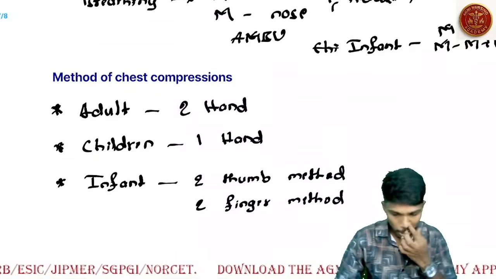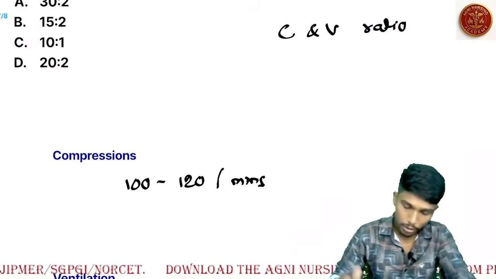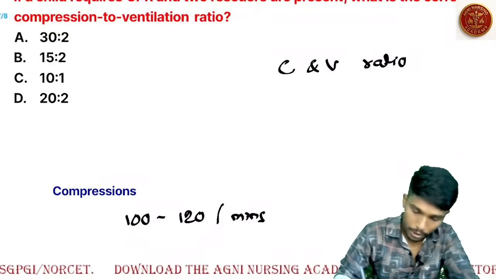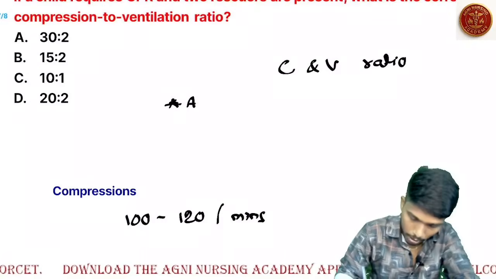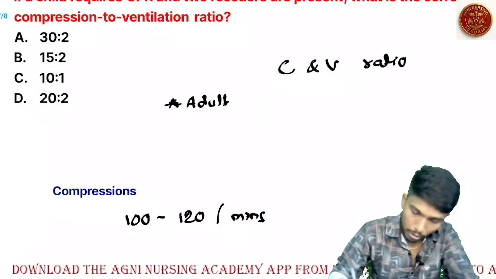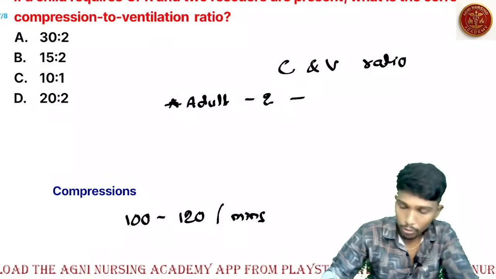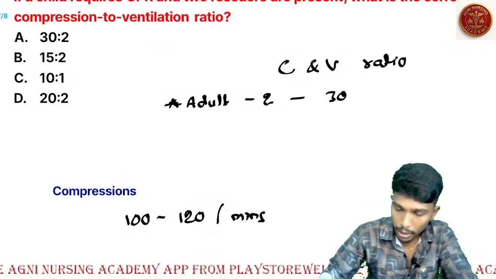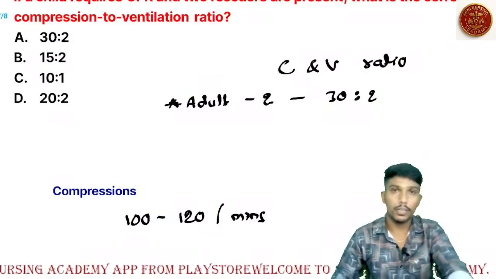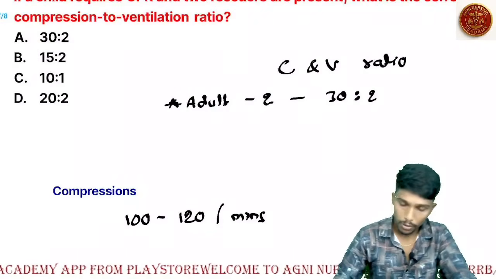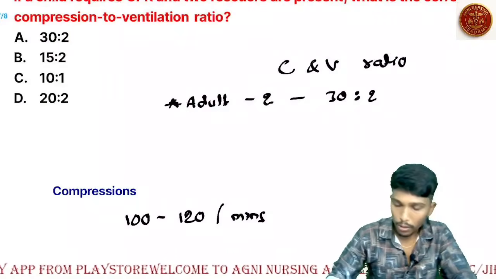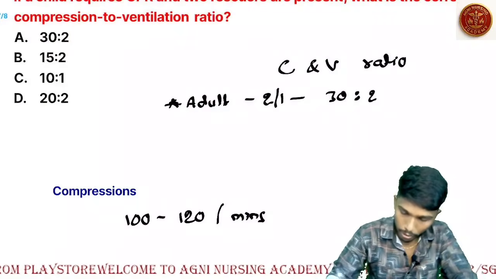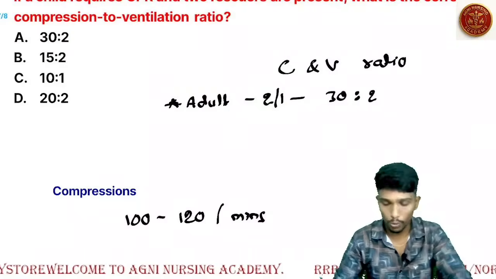Then coming to the ratio, what is the correct ratio for chest compression? If the adult is the victim, with two rescuers we have to give 30 compressions and 2 ventilations, 30:2. If it is one rescuer also, we have to give 30:2.